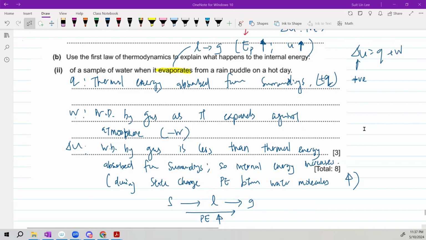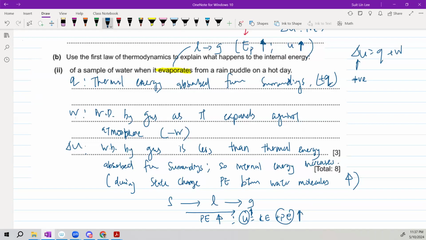This is the alternative part. Internal energy is equal to KE plus PE, so PE increases, internal energy increases. If you write things that are not related to the first law, there will be no credit.